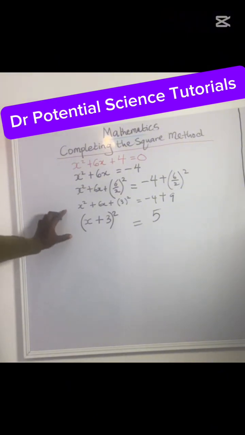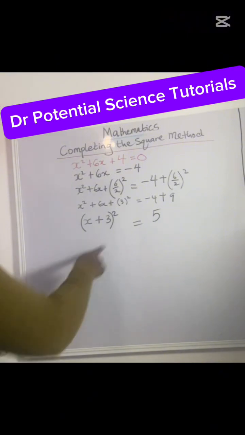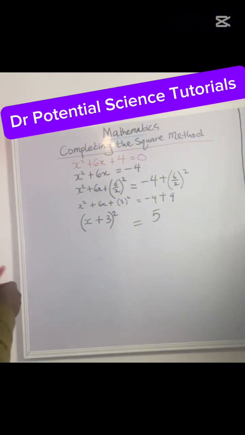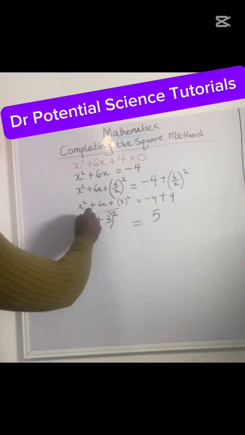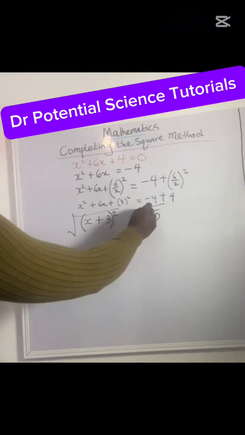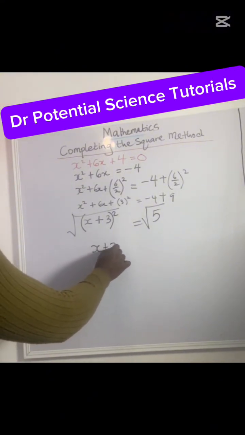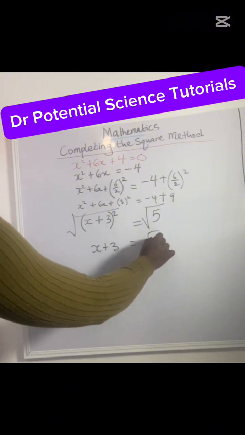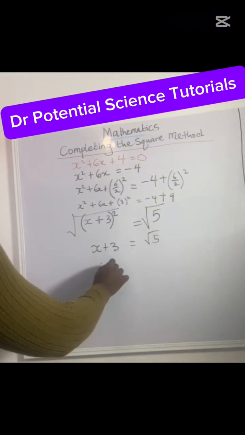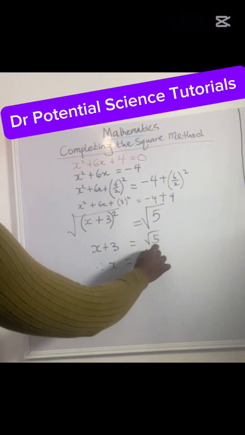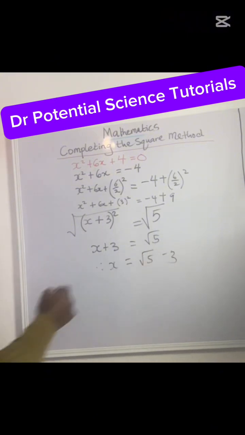Then you solve for x. How do we solve for x here? As you can see, we have a square here, so to simplify that, we just square root both sides. So x plus 3 equals root 5. Therefore, x equals root 5 minus 3.